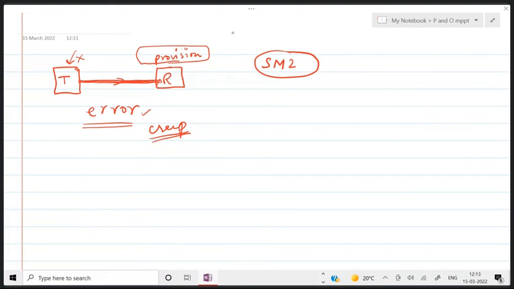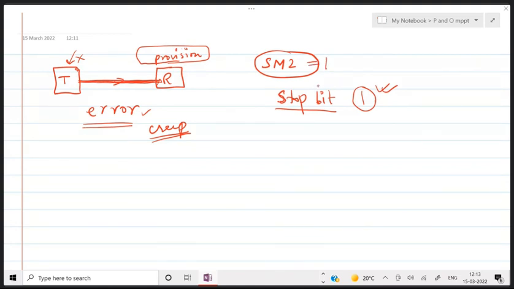Okay, so what happens? I was talking about the stop bit. The stop bit has to be 1 always in UART communication. The start bit is 0 and the stop bit is always 1. So what happens when you make SM2 equal to 1?